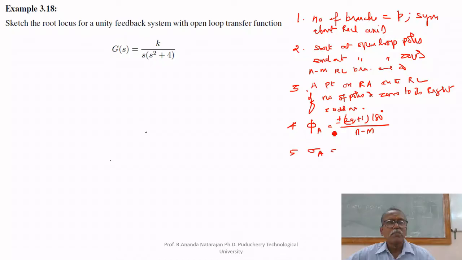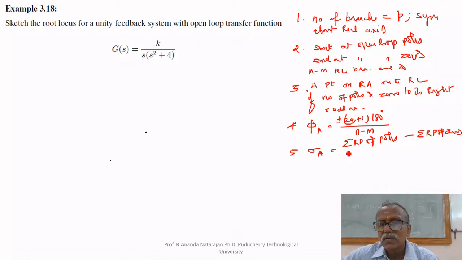Asymptote means what? Tangent at infinity. The graph and the tangent will meet at infinity. That is asymptote. The angle of asymptote is this. What is sigma a? Sum of real parts of poles minus sum of real parts of zeros divided by n minus m. That is sigma a.